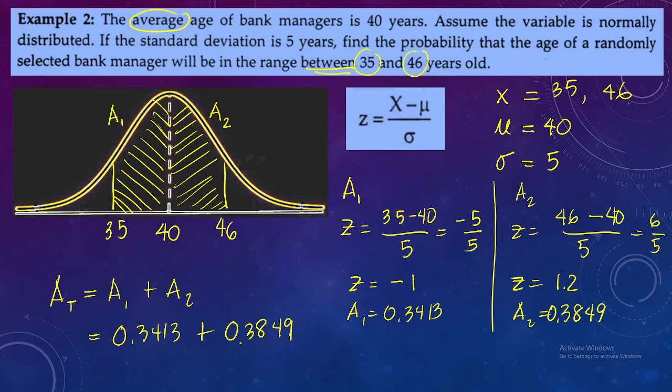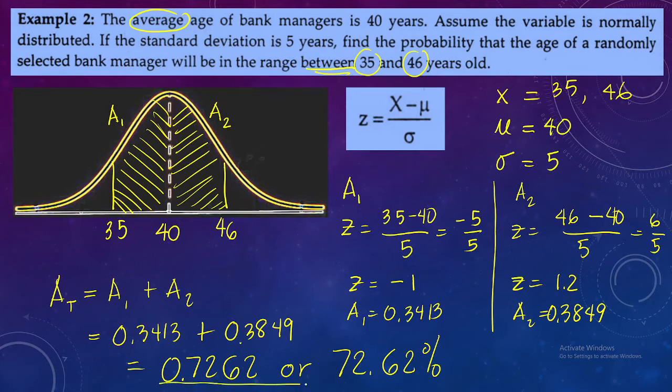So adding the two areas, 0.3413 plus 0.3849, I will be getting an answer of 0.7262, or that's 72.62%. So this is now the answer to our problem.